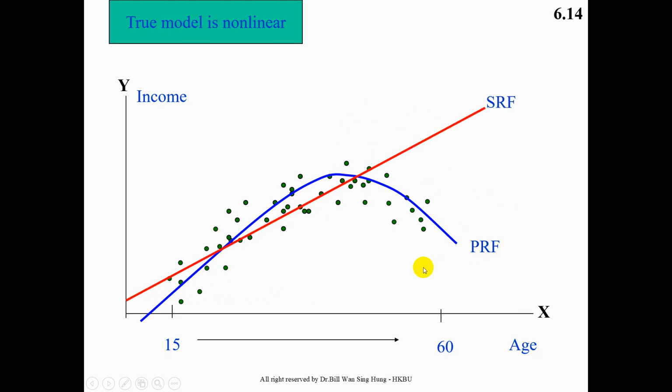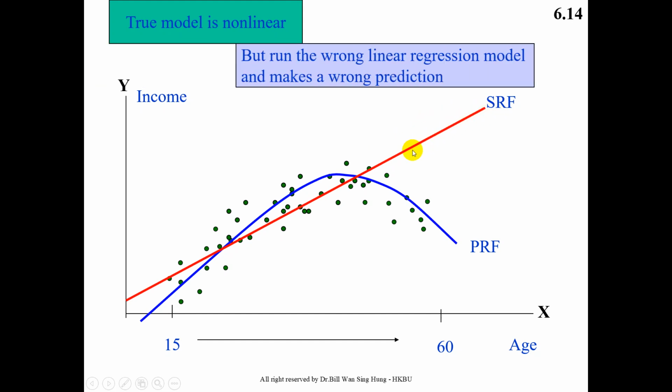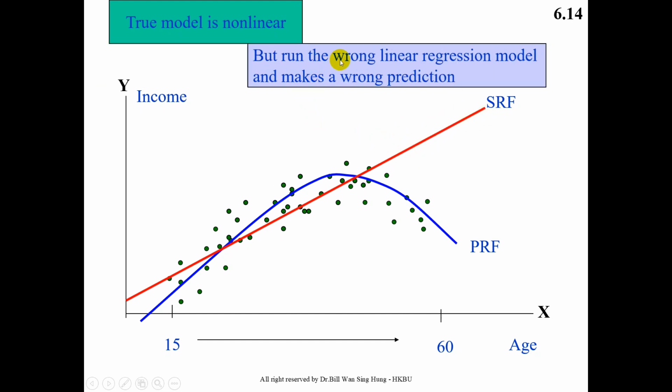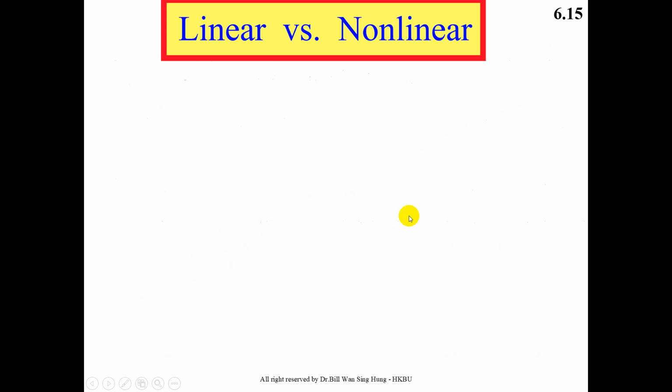But the sample regression function is like this. Let us suppose we have a sample and our regression line is like this. Then this is the wrong linear regression model and makes a wrong prediction, because the true relationship is like this. So we must be very careful about the specification of the functional form.